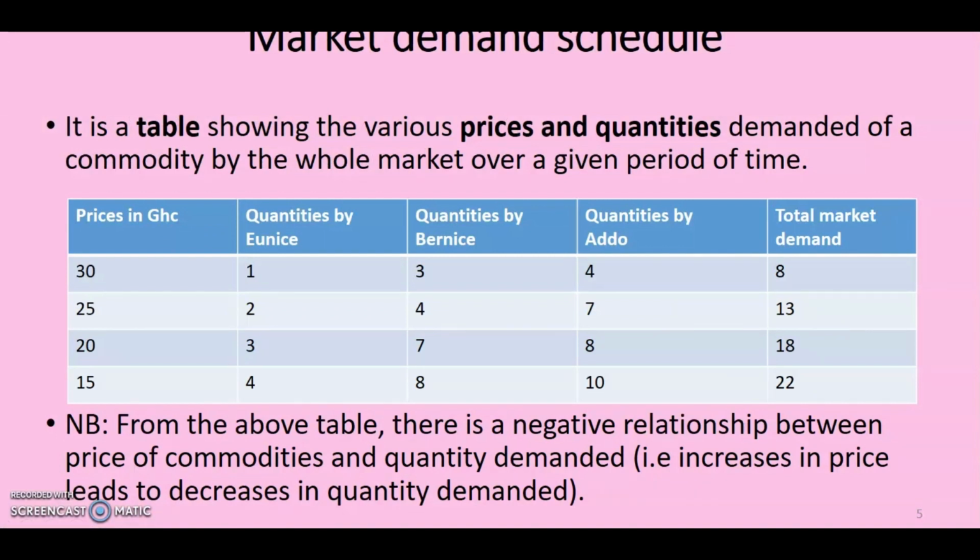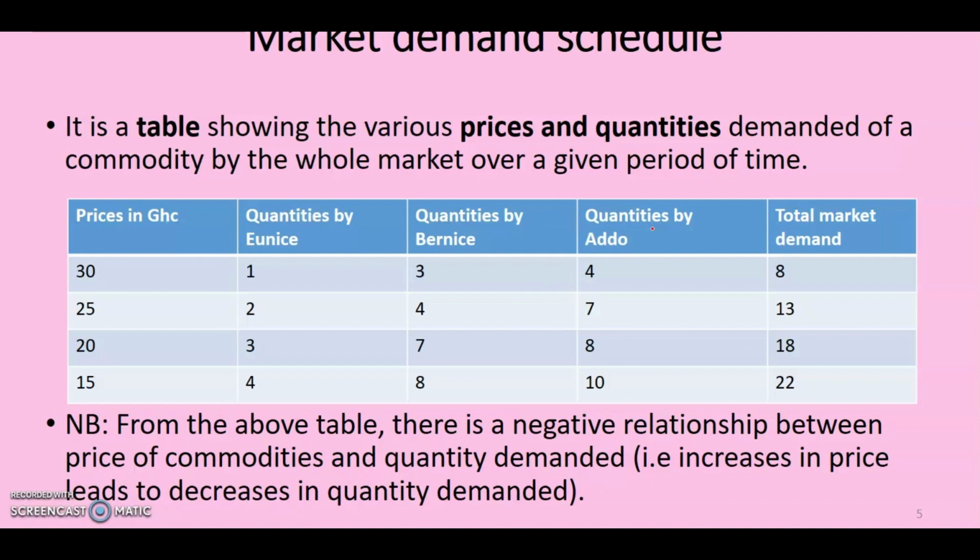Then we look at that of the market demand schedule. It is a table showing the various prices and quantities demanded of a commodity by the whole market over a given period of time. So you realize that the main difference between these two is that with the individual demand schedule, we're looking at the demand schedule of, let's say, Amma or Kofi or Adwa or Abigail. That is a single person's demand schedule. But with the market demand schedule, we are looking at various individuals who have come together, and then we are having a market demand schedule.